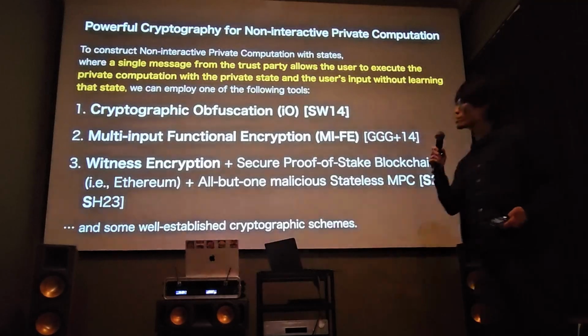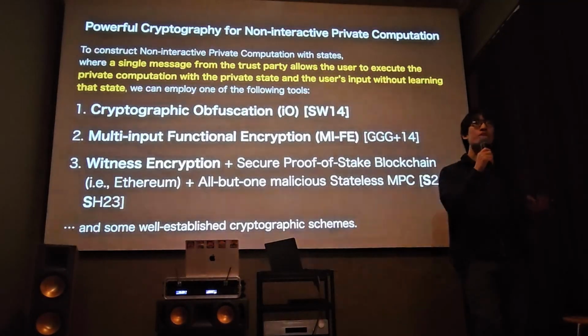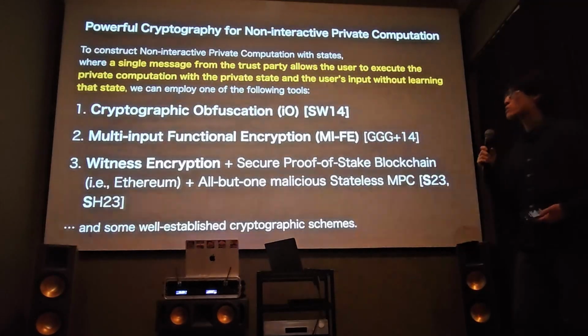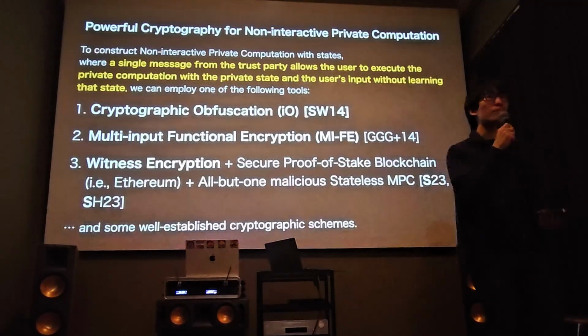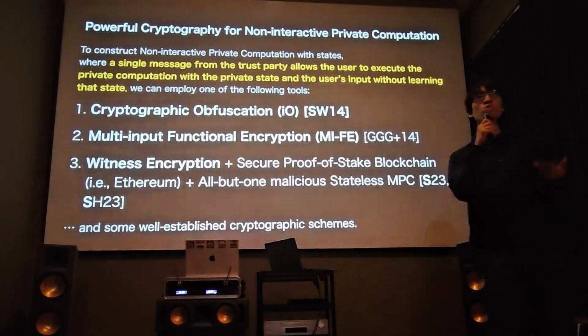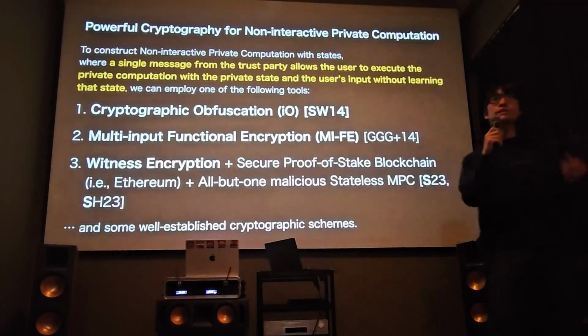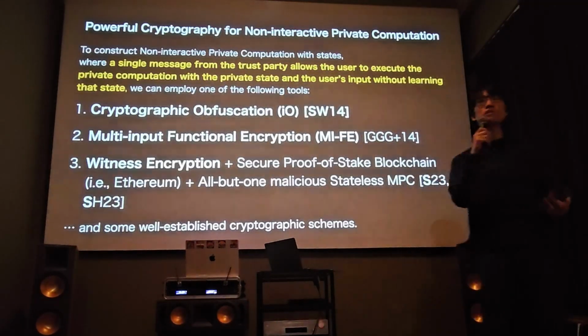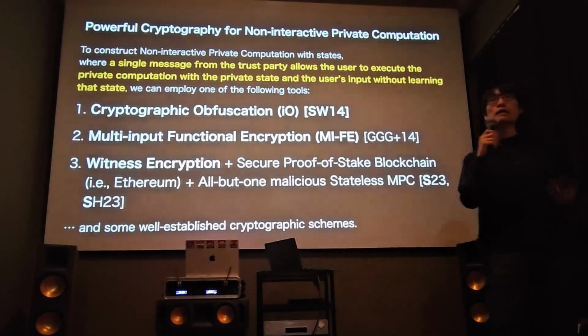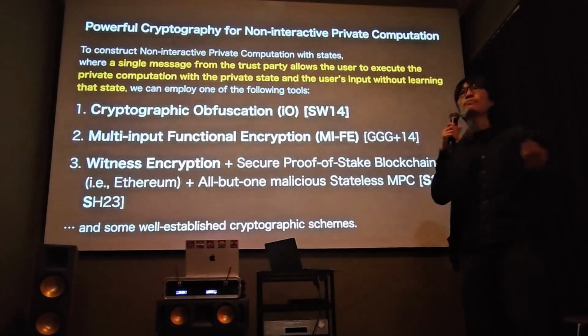So here, if we can construct a non-interactive version of this private computation, we can solve this liveness problem. Because in this non-interactive setting, the trusted party only needs to send one single message. And this single message allows the user to perform this private computation without the help from the trusted party.